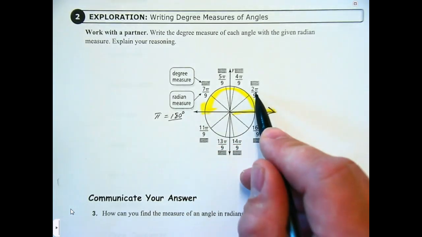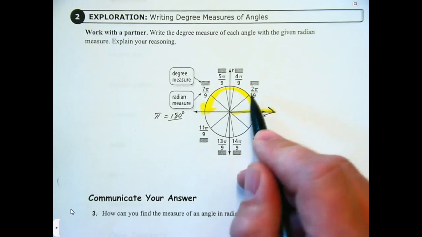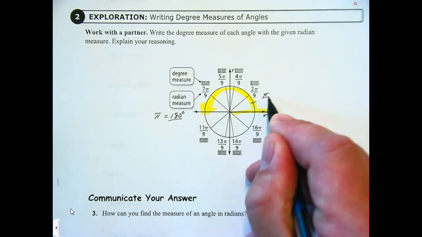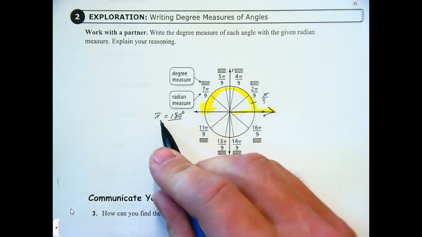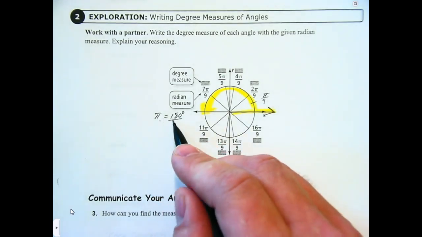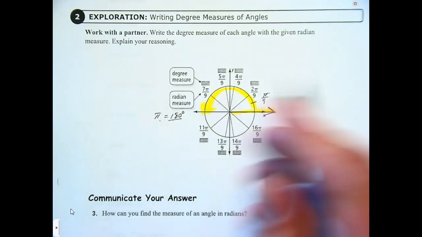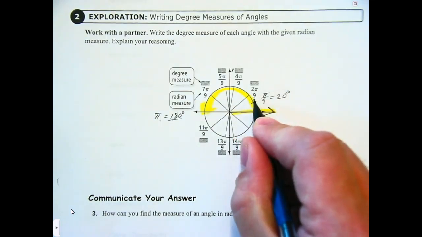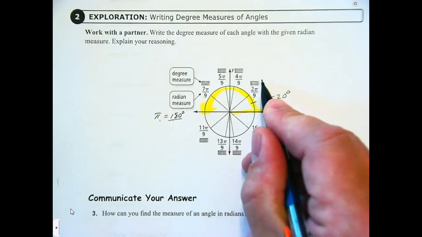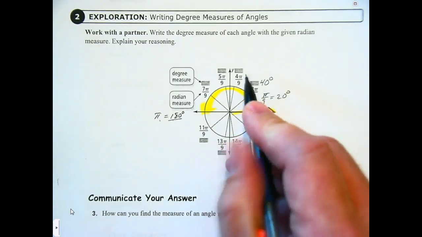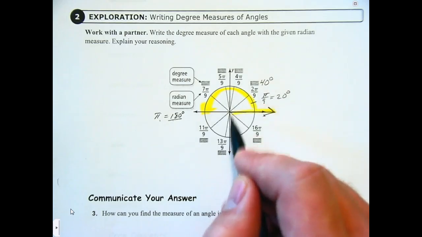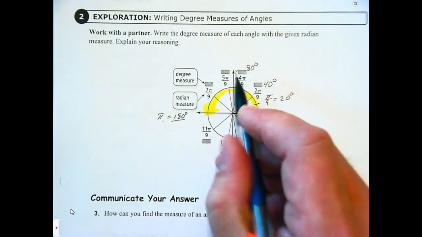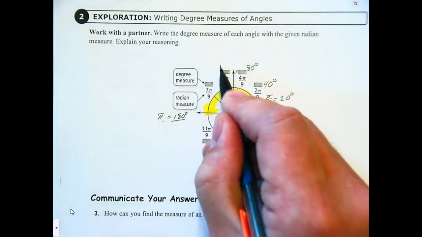That means if I have 2 pi over 9, that looks really messy. Let me just take half of that and think of it as pi over 9. What is 1/9 of 180? It's 20 degrees, which means 2/9 of pi is 40. 4/9 is 80. 5/9 is 100.